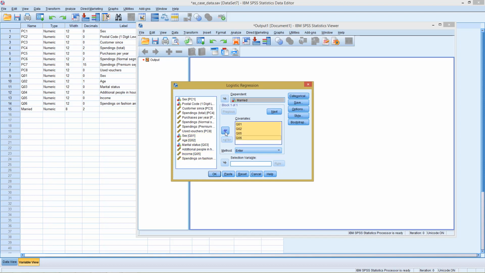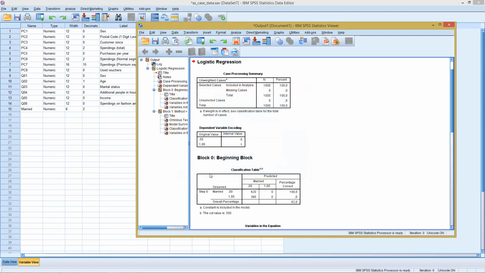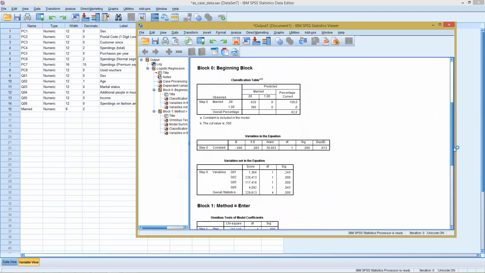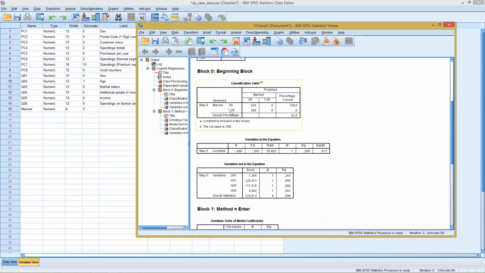So we insert those 4 variables here and then just click OK. It starts with a short overview, and then we have block 0, the beginning block. This is basically how good the model would be if we had no independent variables in it. So here we see this is the model where we only use the constant.